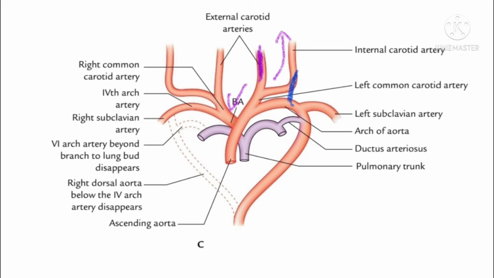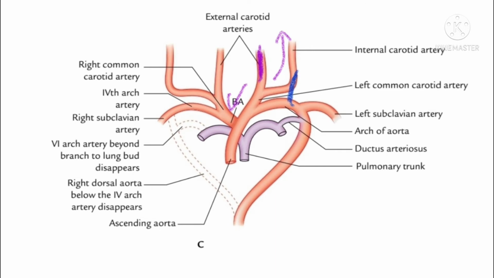In this diagram you can see that the first and the second aortic arches have already disappeared, and from the third aortic arch there is an outgrowth, that is the external carotid artery. It is marked in pink. Proximal to the external carotid artery is the common carotid artery, and distal to it is the internal carotid artery.